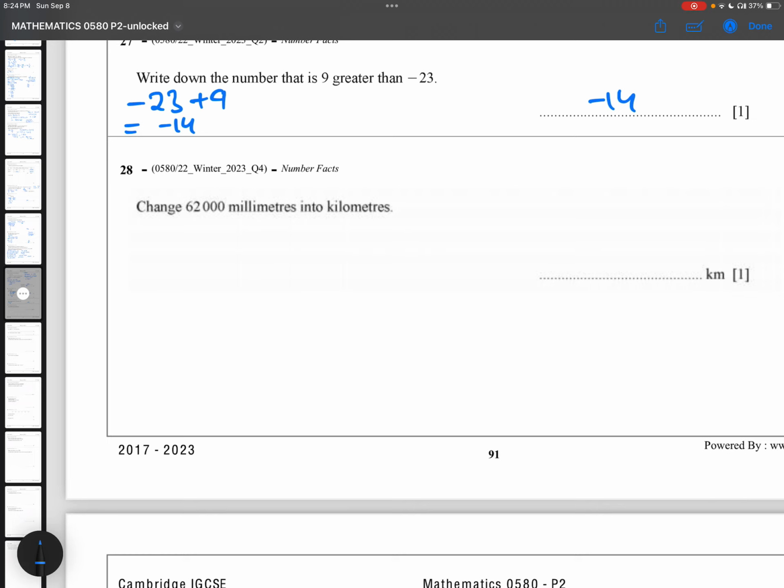First, I'm going to convert millimeters into meters. We know that in 1 meter there are 1000 millimeters, right? When we move from a smaller to a bigger unit, we divide. In this case, we will divide 62,000 by 1000.